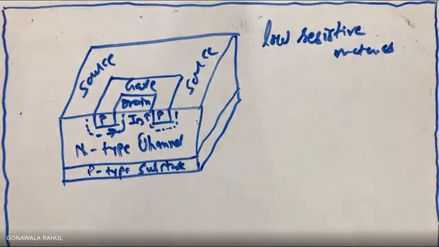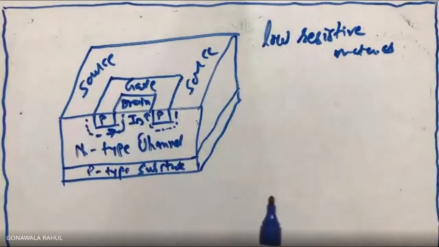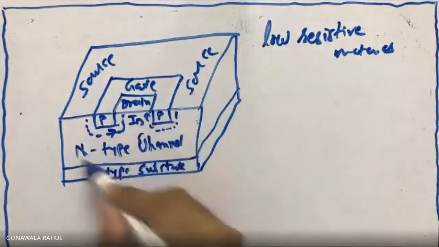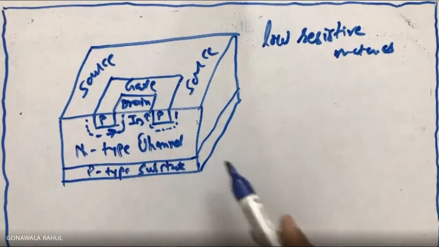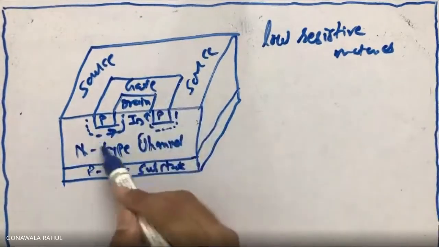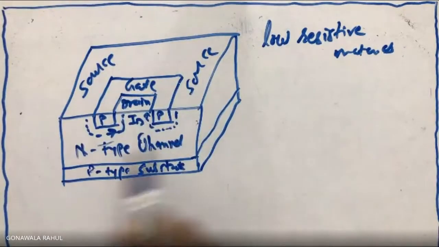Thus penetration of the depletion region into the N-type channel takes place. Drain current ID follows the path as shown in the figure, from source to drain. So this is our FET structure, the single-ended geometry of a JFET.